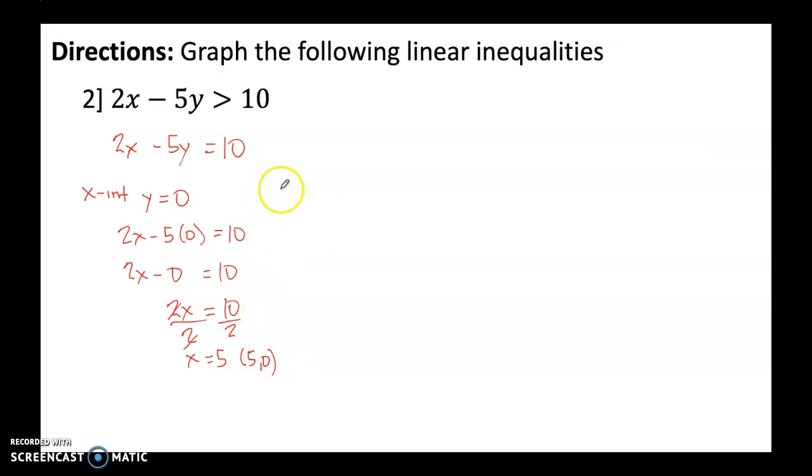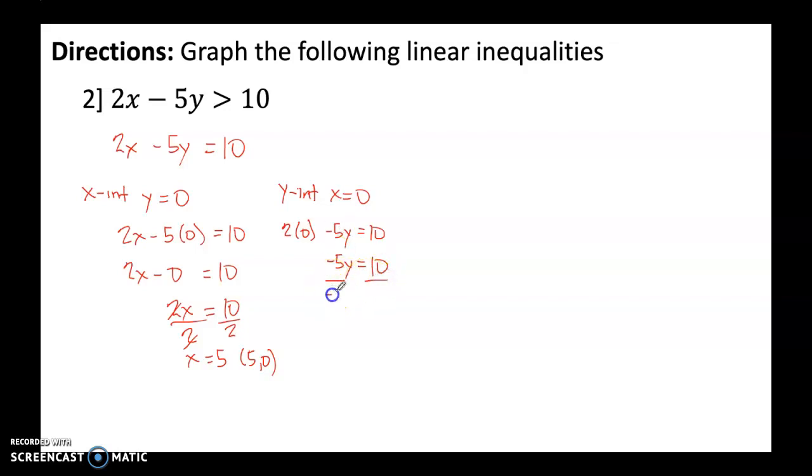Next, we need to find the y-intercept. To look for the y-intercept, let x be equal to 0. Our equation, 2x minus 5y equals 10. Substitute the value of x: 2 times 0 minus 5y equals 10. 2 times 0 is 0, so negative 5y equals 10.